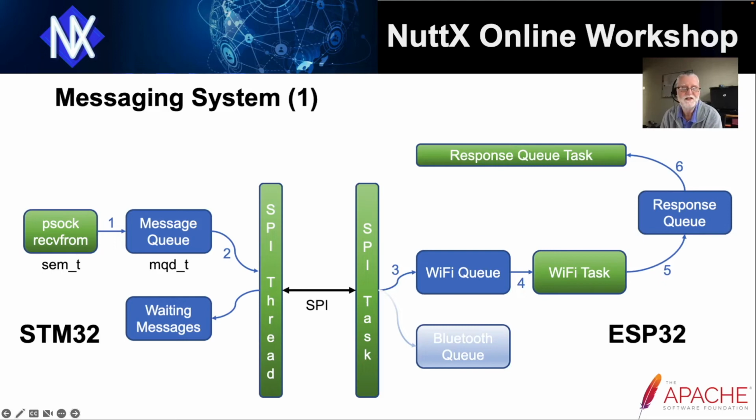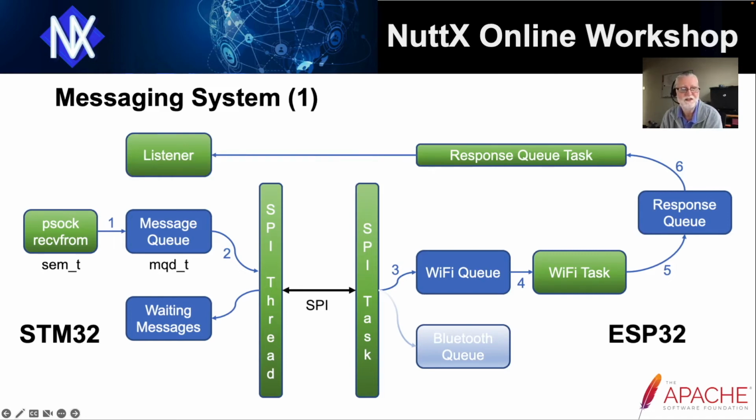And when it sees a new message turn up in the queue, it then sends an indication, not over SPI this time, but over GPIO, to a task listening on the STM32 to say, I need your attention.